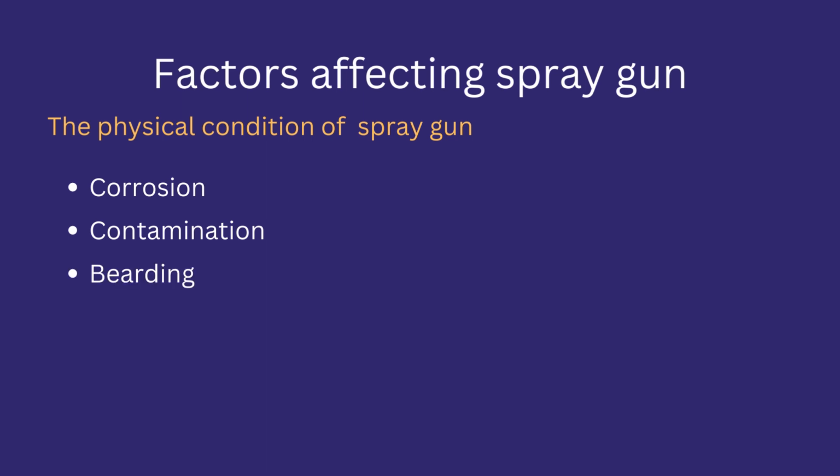The buildup of coating material on the inside and outside edges of the orifice is a common phenomenon called bearding of the spray gun. High temperature liquid deteriorates the gun's material with time. Human errors such as incorrect gun installation.